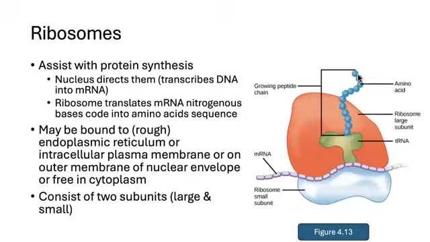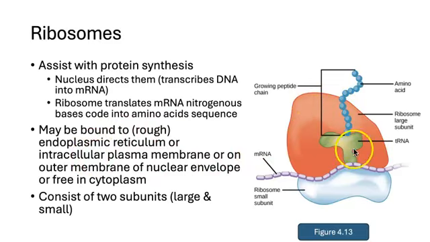And this may be also bound to our rough ER. That's how it gets its name, rough, and we'll talk more about this in the coming slides as well. Or in our intracellular plasma membrane or outer membrane of our nuclear envelope, or they could just be free ribosomes living in the cytoplasm. And you could see they're made up of 2 subunits.